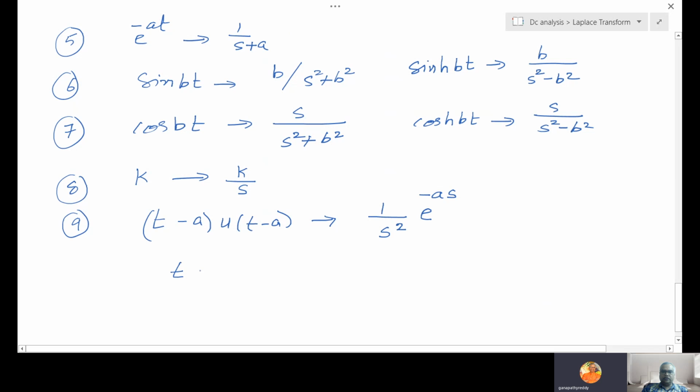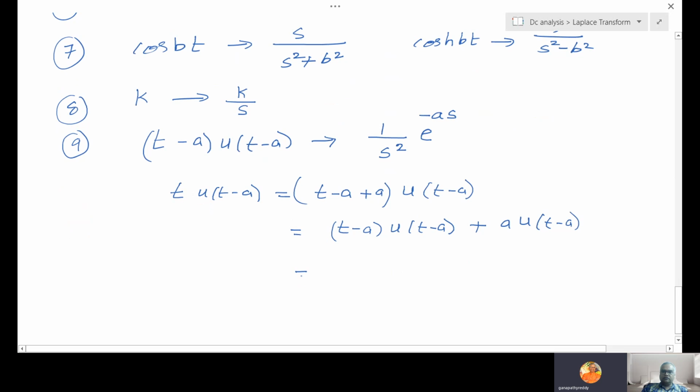Sometimes they get confused like this: t u of t minus a. Now don't apply the property directly. This is equal to t minus a plus a, then u of t minus a, which is equal to t minus a times u of t minus a, plus a into u of t minus a.